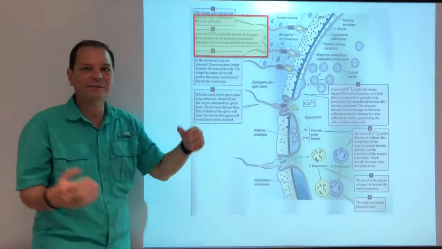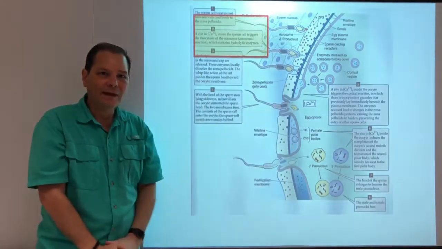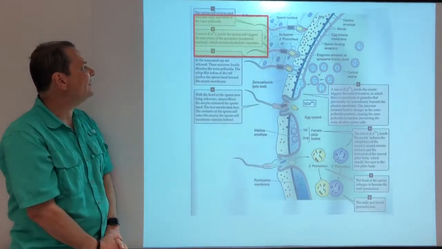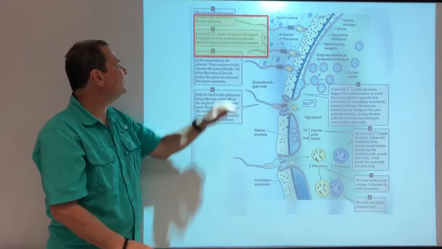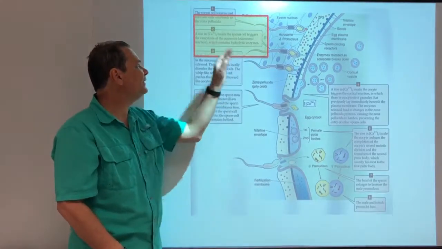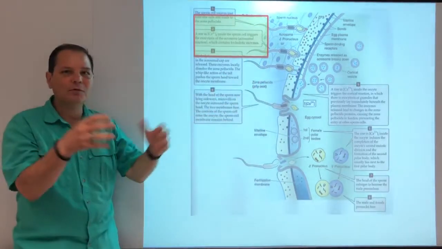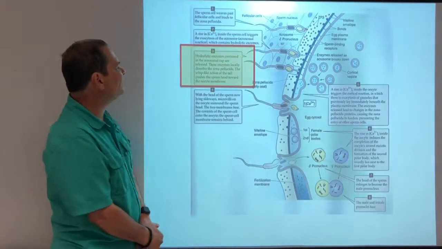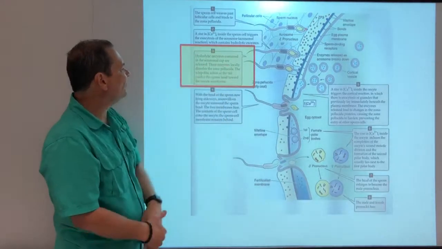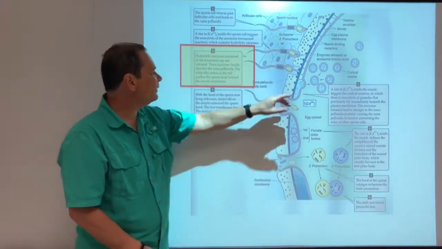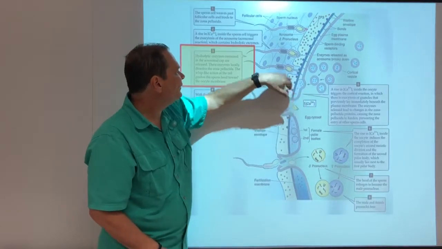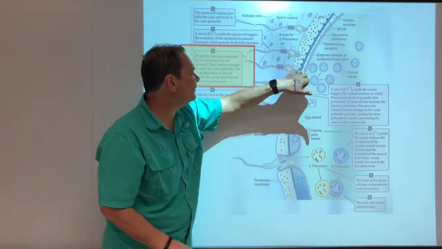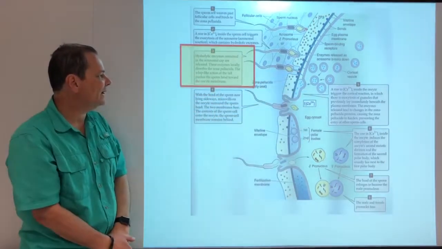There are hydrolytic enzymes in that acrosomal head, you'll recall from the male reproductive lesson. This is called the acrosomal reaction, and these enzymes are released locally onto the zona pellucida. These enzymes from the acrosomal cap dissolve the zona pellucida locally, so you get the zona pellucida dissolving away where the sperm is trying to get in, flopping around and trying to make its way in.